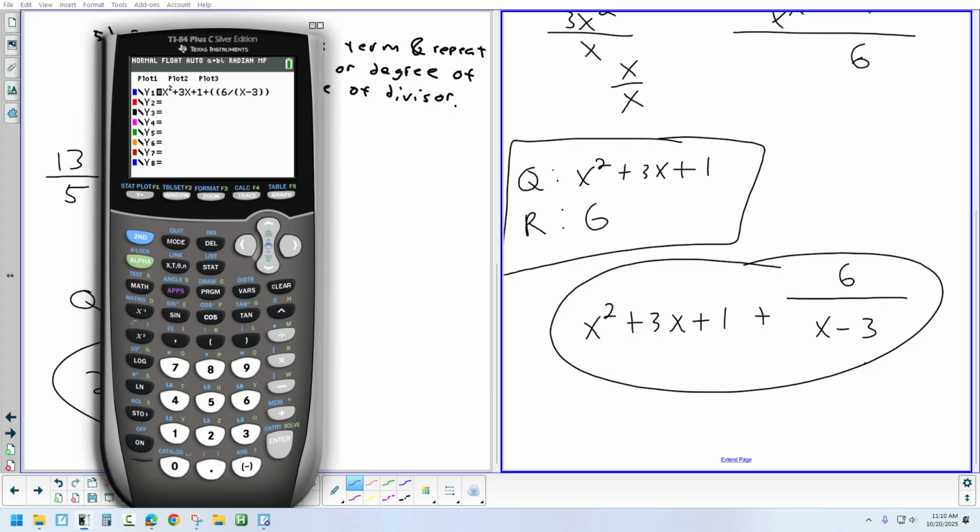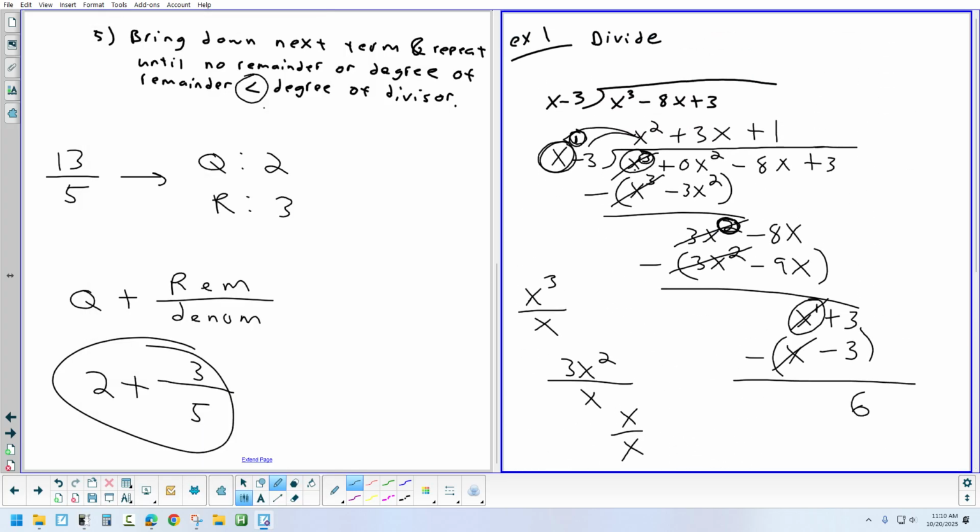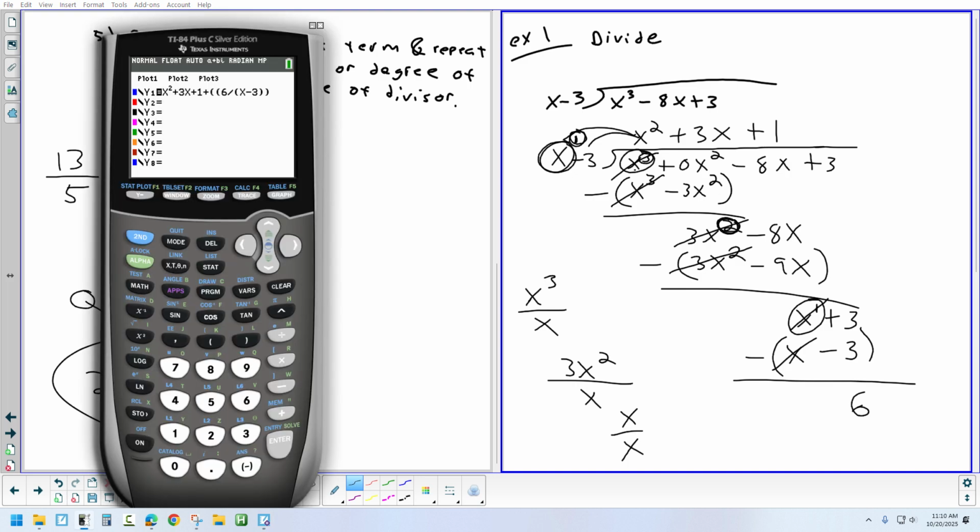And now let me type in what the original problem was, and let's see if our answer is equivalent to it. It should be, if we did it right. We had x cubed minus 8x plus 3. I don't need to put in the 0. And then divide by x minus 3. Okay, let's zoom.